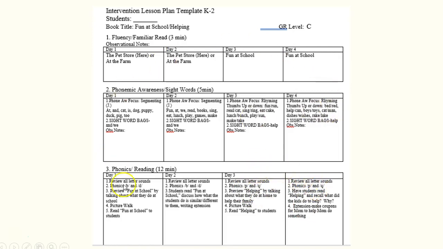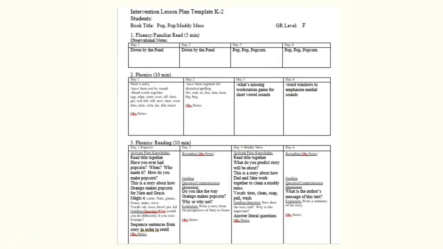So this was my outline of the lesson because at this point I was so familiar with what I was doing, I didn't need it entirely scripted. This is similar formatting for a guided reading level F, starting with that familiar read for 5 minutes, moving into our phonics work. So here we're doing short E and I, short vowel sounds, medial sounds, introducing the book on this day, so rereading.